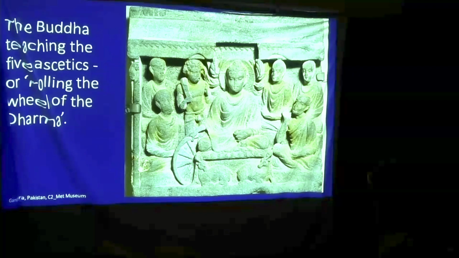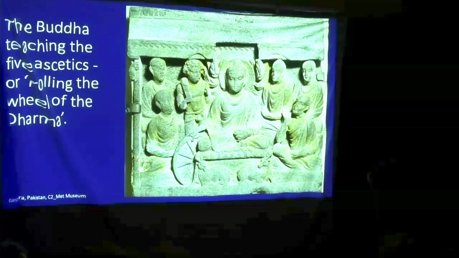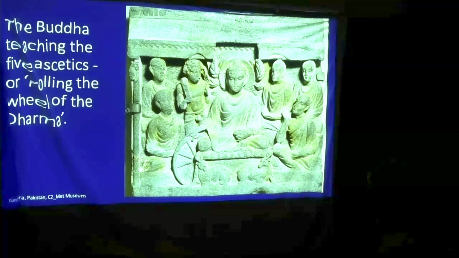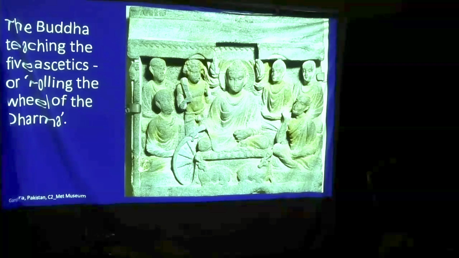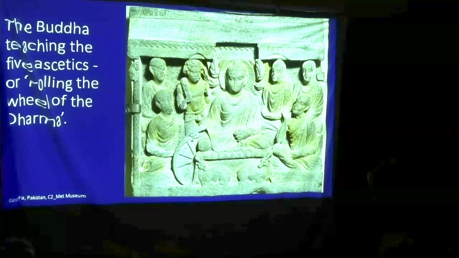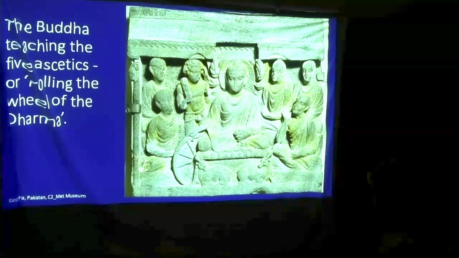And then this is an event in the Buddha's life, which I'm sure many of you can identify. There's the Buddha in the center, and there are 5 shaven-headed figures around him. He's got this wheel in his hand, and there are 2 deer. So it's the Buddha rolling the wheel of the Dharma, teaching his 5 friends, sharing with them his enlightenment experience, and they get it.